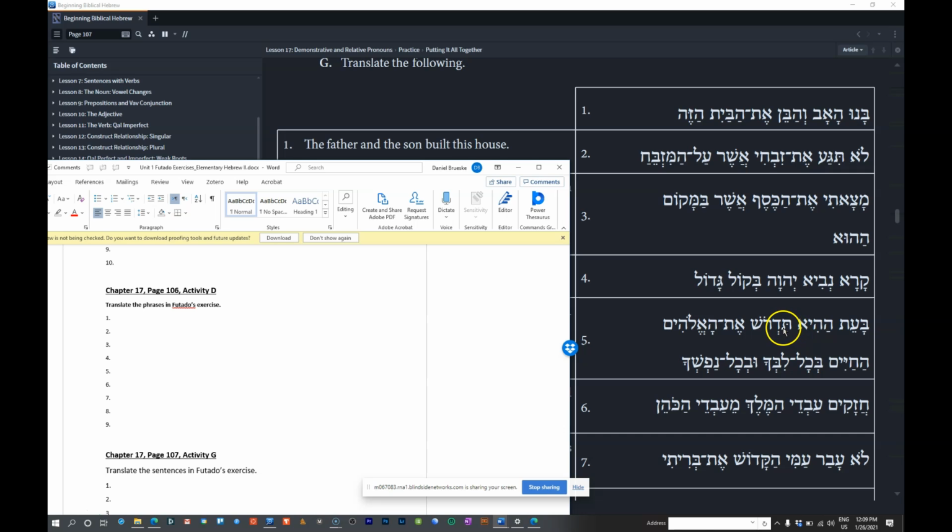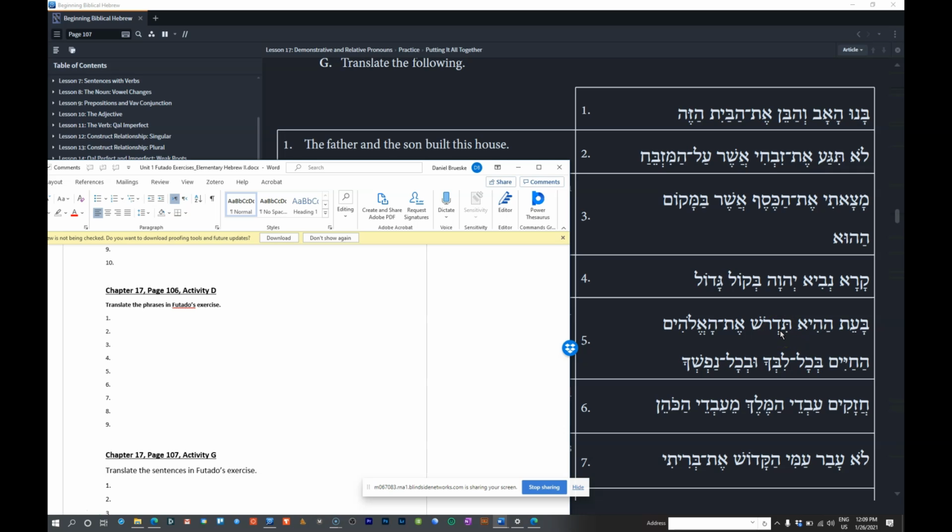And it's the prefix for the 3fp, 2mp, and 2fp. Now, all of those forms also have suffixes. So the only two forms that have a tav prefix with no suffix are going to be the 3fs and the 2ms. If we take that off, what are we left with? Dalet, resh, shin. We're supposed to have three letters in our root. How many do we have? We have three.